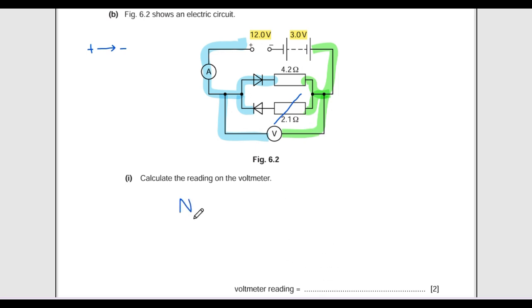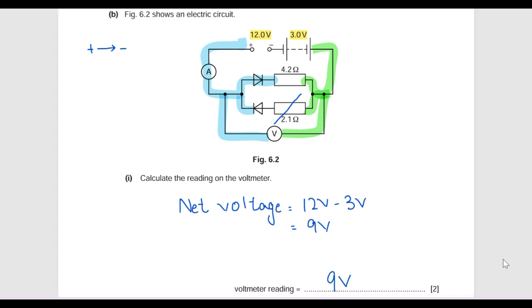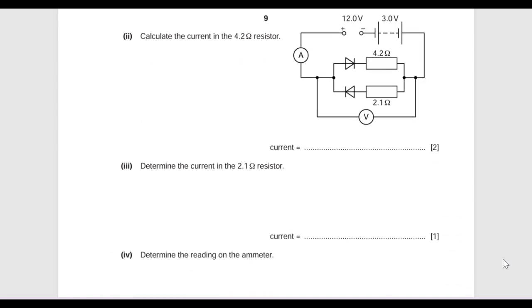We have to calculate the reading in the voltmeter. The voltmeter will read the net voltage. So 12 that side, 3 that side, so I'll subtract the both, and the net voltage would be 9 volt. So this is the reading that will come in the voltmeter. The next question says that you have to calculate the current in the 4.2 ohm resistor, that means this resistor.